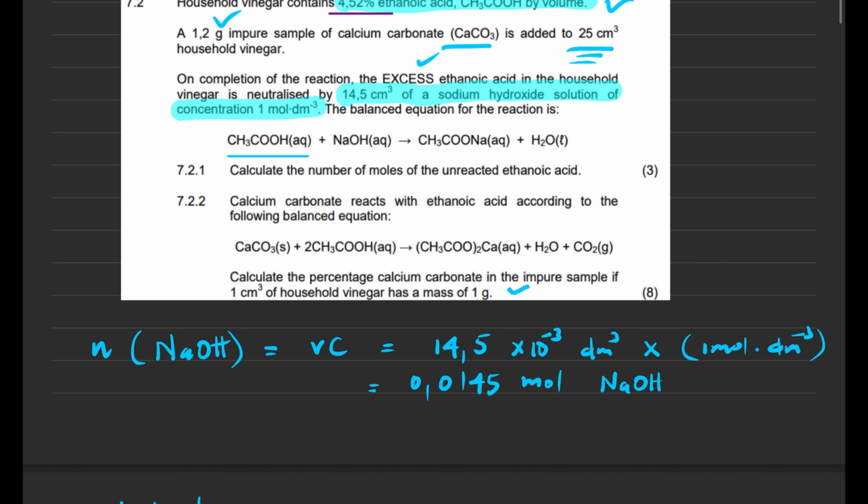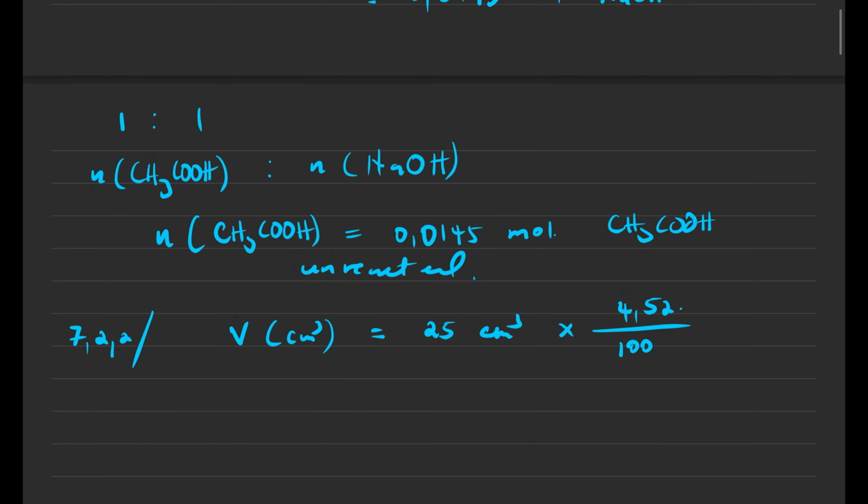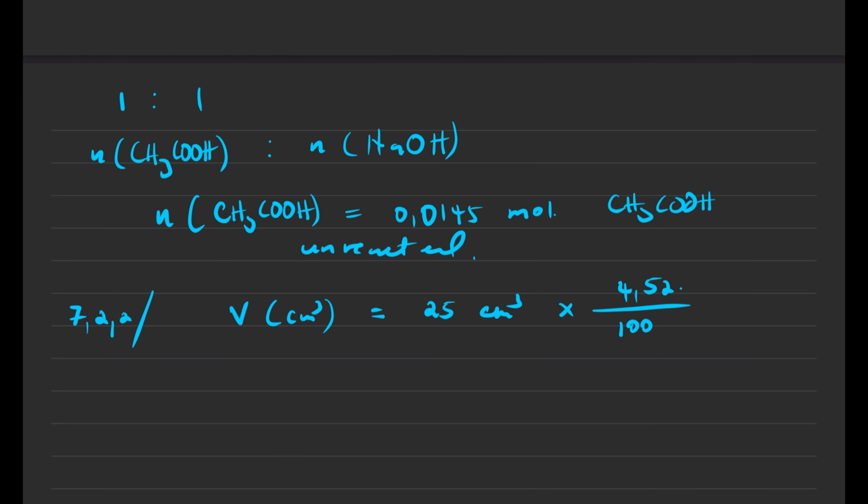The volume of ethanoic acid in the household vinegar is going to be 25. Remember, cubic centimeter and milliliter is the same thing. Let me just say cubic centimeters, okay? So it's going to be a fraction, which is 4.52 divided by 100, okay? It's going to be that fraction.